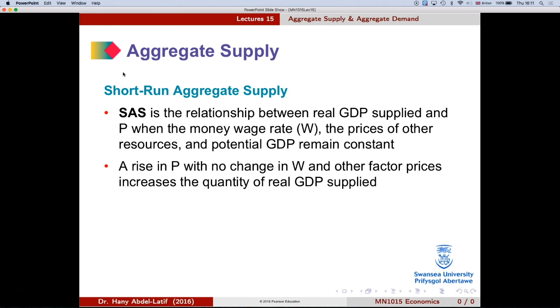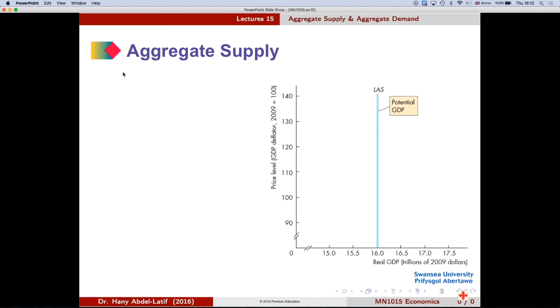So in that case, if we have a rise in the price level and the money wage rate doesn't change, then this will increase the real GDP. So that's why we will have the short run aggregate supply slope upwards, the same way we would see any supply curve. So it's upward sloping.